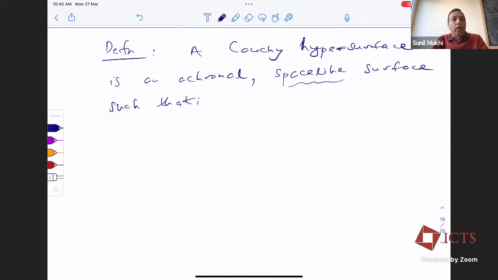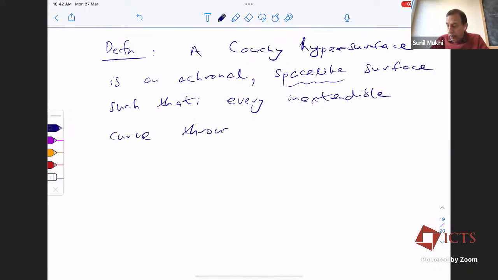But it has one more property, and it's that extra property which makes it Cauchy. And the property is that every inextendable curve through a point P in the manifold. So I'll call the surface capital sigma. Sigma I'll use when it's Cauchy.